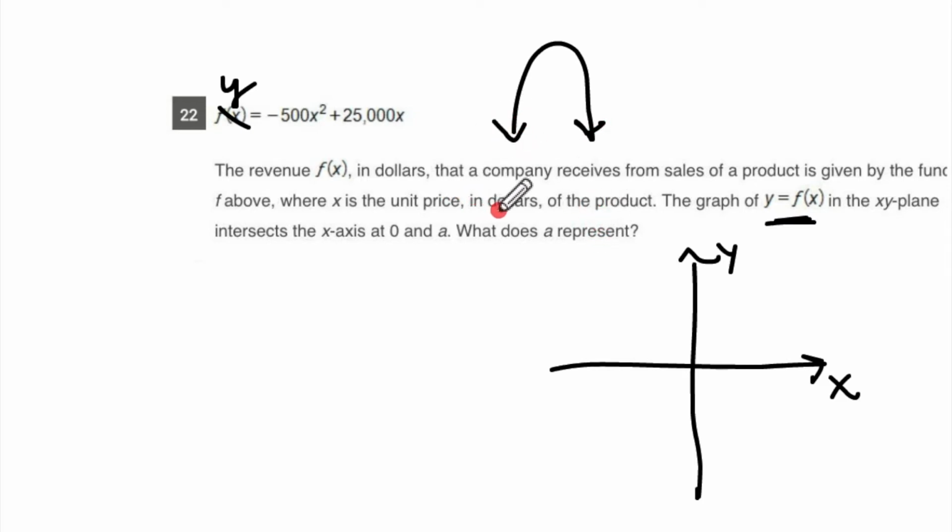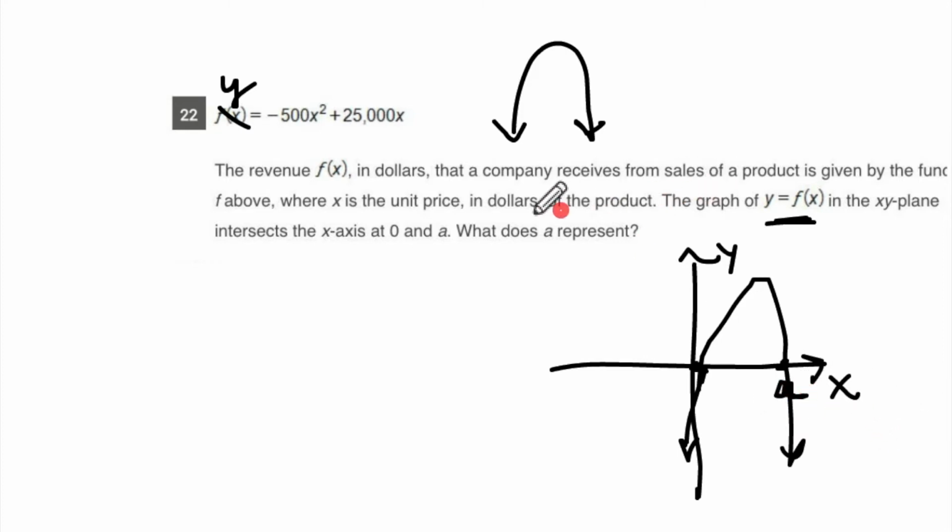It tells us that the graph intersects the x-axis at 0, and it's going to intersect somewhere out here at a. So we're going to have some sort of graph, oops, I missed it, that goes like this. All right, there's 0, my a got smushed. That's what your graph's going to look like.